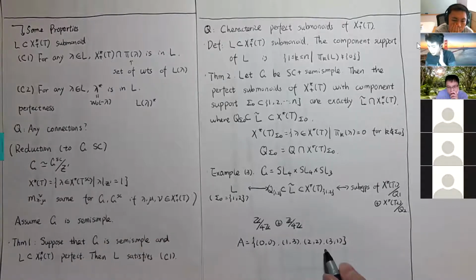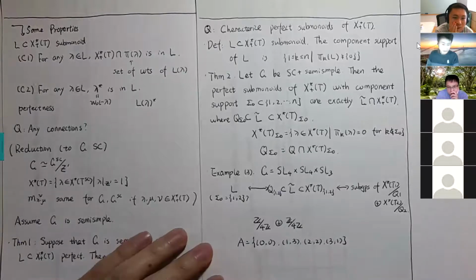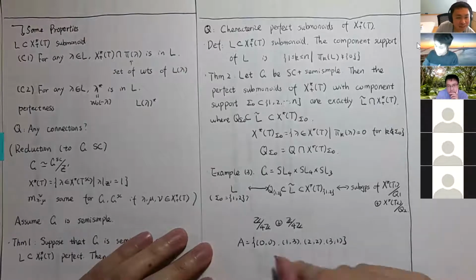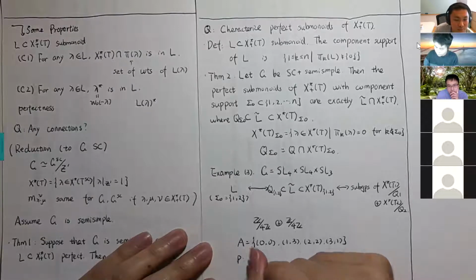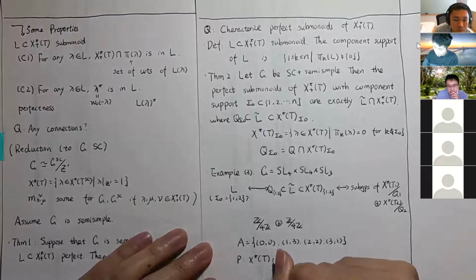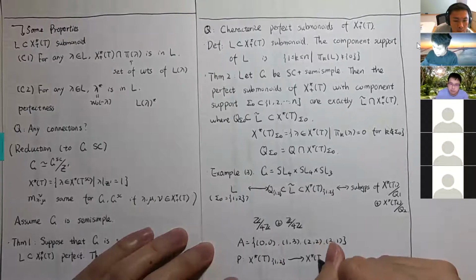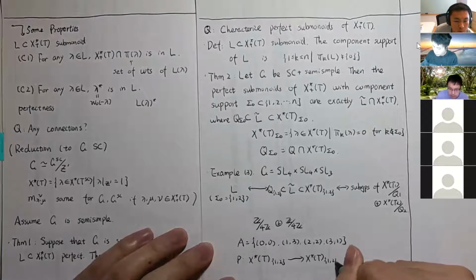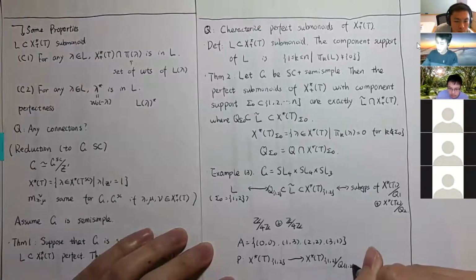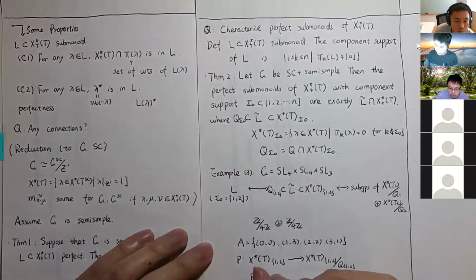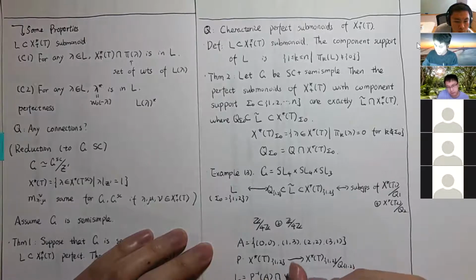This is a subgroup, right? Yeah. Then we let P be the natural projection from X*(T)_{1,2} to X*(T)_{1,2} quotient by Q_{1,2}, which is isomorphic to this. Then we have L, which is P inverse of A, intersected with the dominant weights.